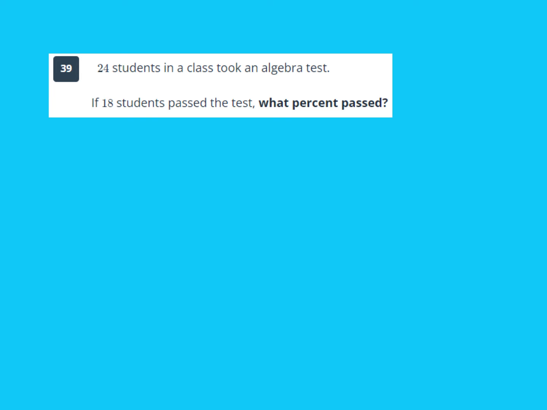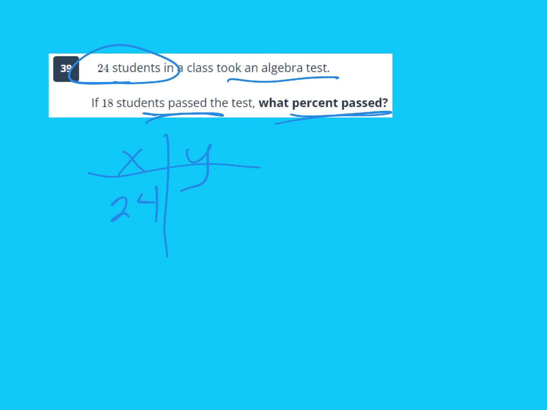24 students in a class took an algebra test. 18 students passed. What percent passed? I'm going to use my x, y. So 24 started. 18 students passed the test. So 18 goes here. All I need to do is find out what k is.